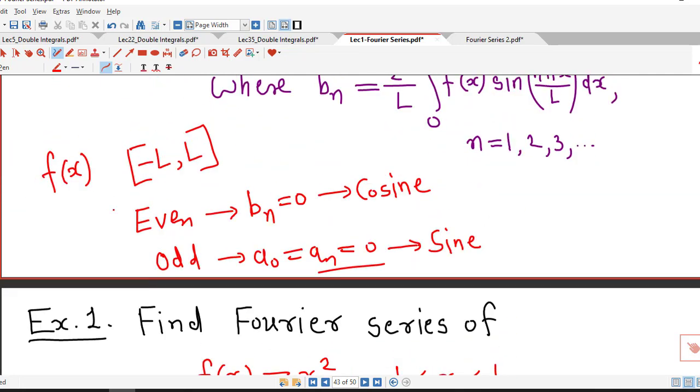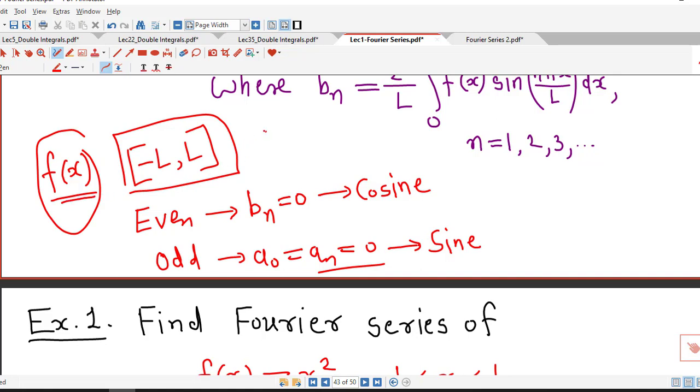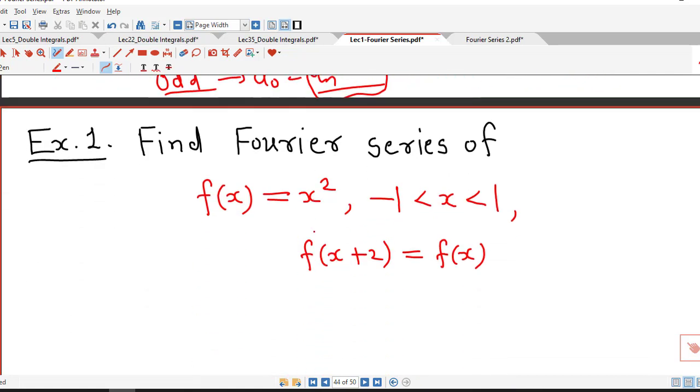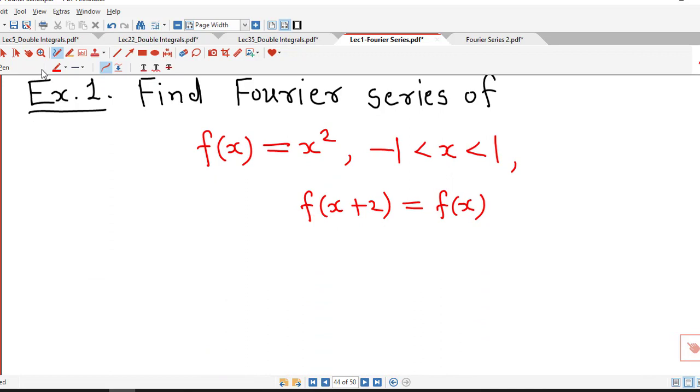So if we remember this result, then this will reduce our work. If our function is defined on this type of interval, and if it is even or odd, then we don't have to calculate an or bn depending on the even or odd function. So we understand this with the help of example.